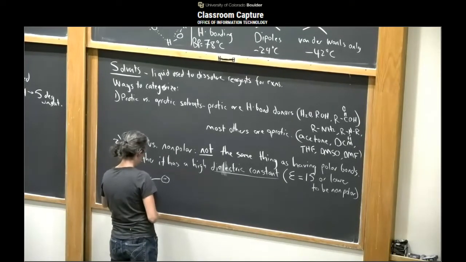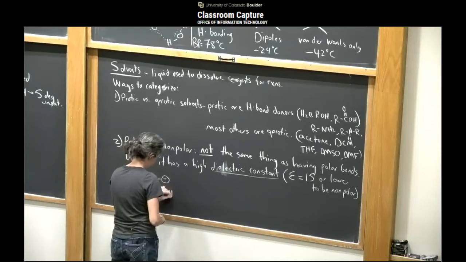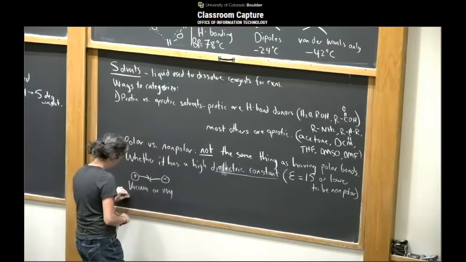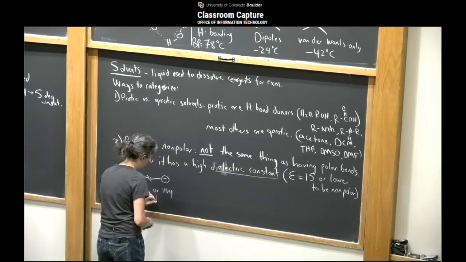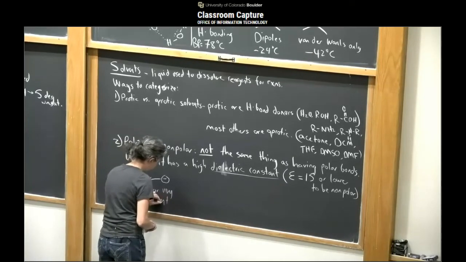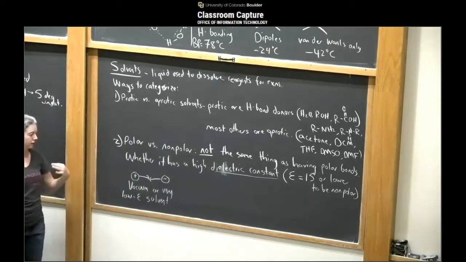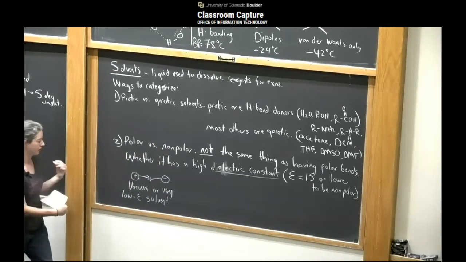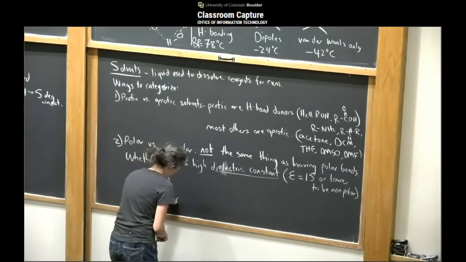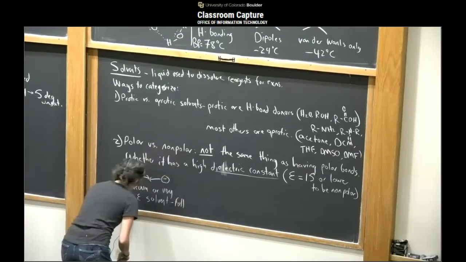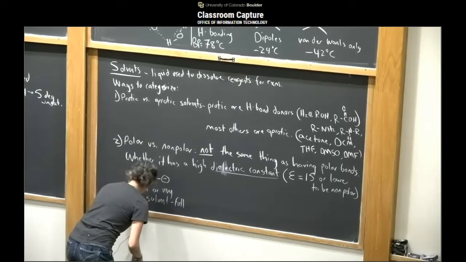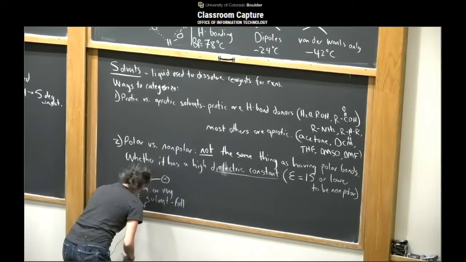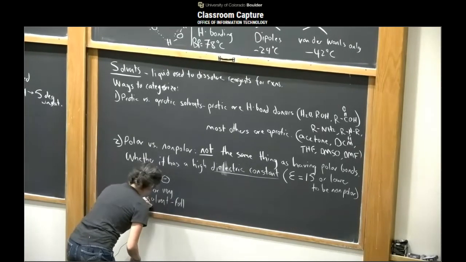So vacuum or a very low dielectric constant solvent, very nonpolar in other words: the charges are feeling the full force of their pull towards each other. Sorry, that's a little messy there, but full force of attraction.